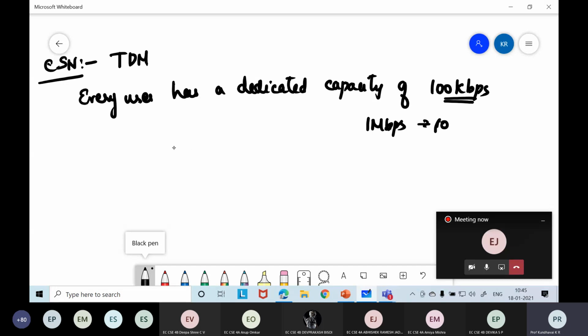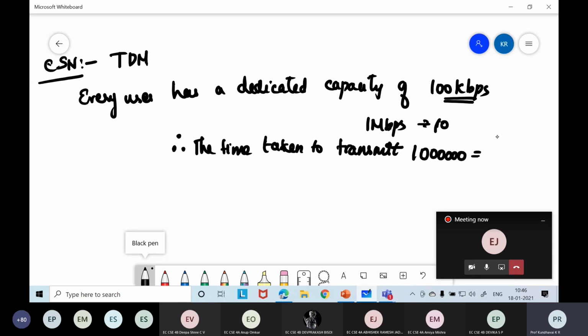All right, so if you want to calculate the time taken to transmit 10 lakh bits of data, that's what was given in the scenario, 1 2 3 4 5 6, it is equal to 10 to the power of 6 divided by 100 kbps. kbps is 10 to the power 3, already there's 100, so to calculate this it will be 10 to the power 5, so it is 10 seconds.